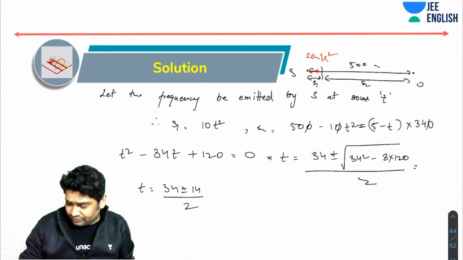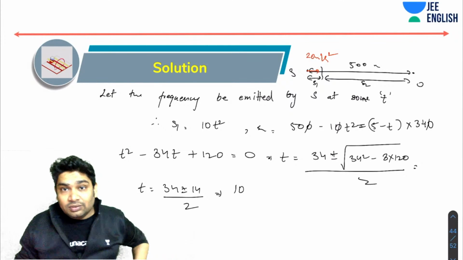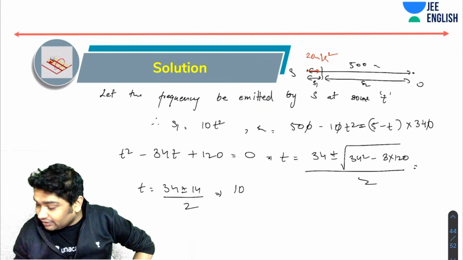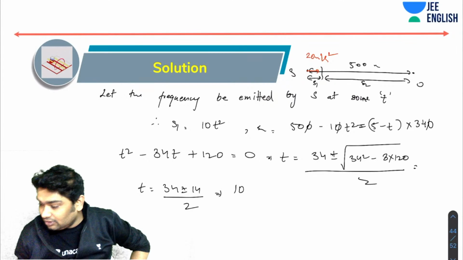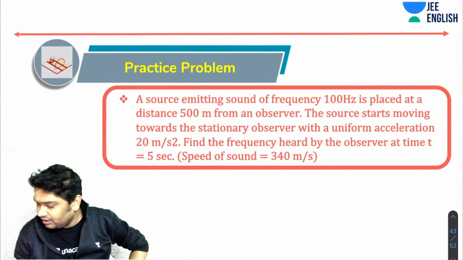T is 10. It's weird, it will be greater than 5. Okay, let me check the data first. I think something is wrong. Okay, fine.